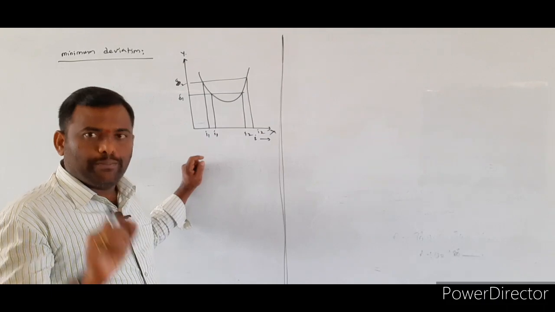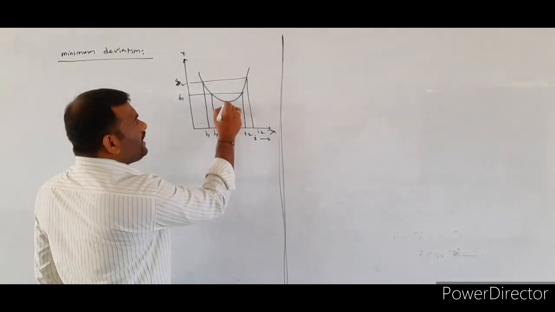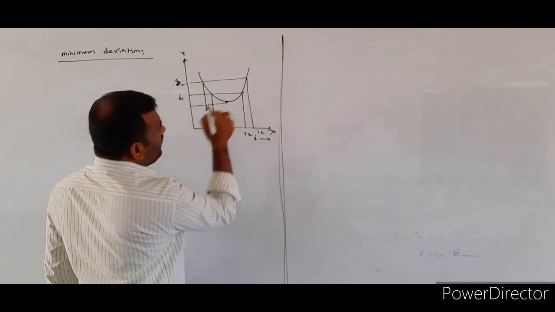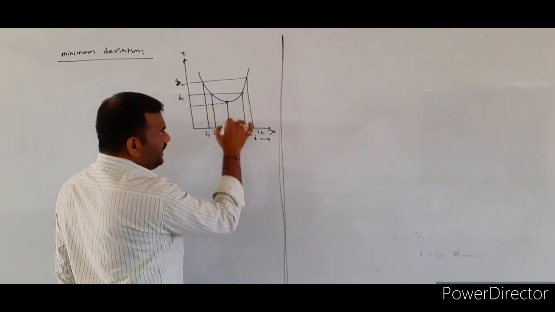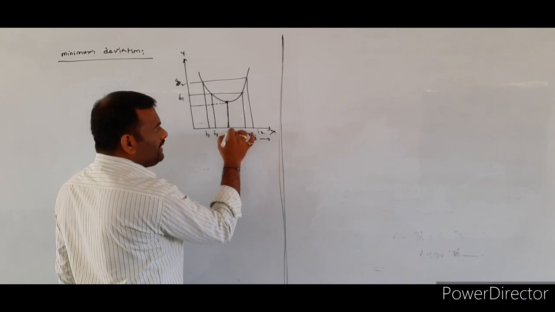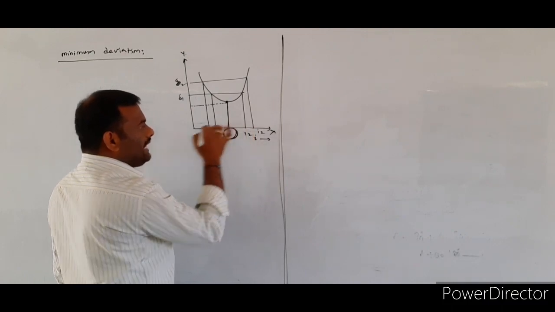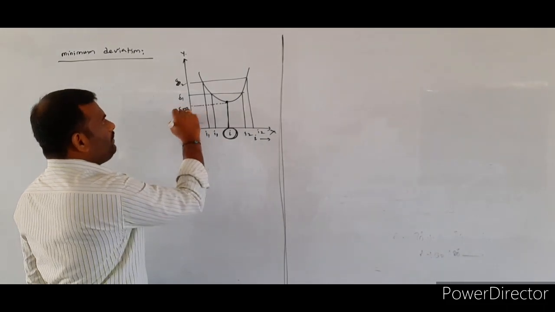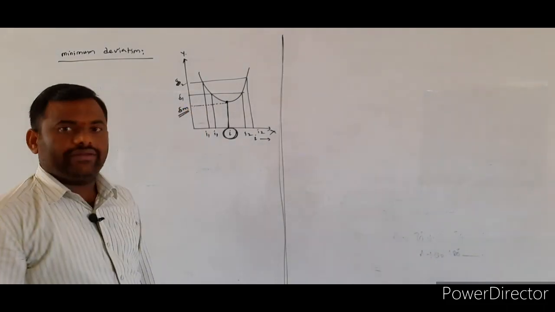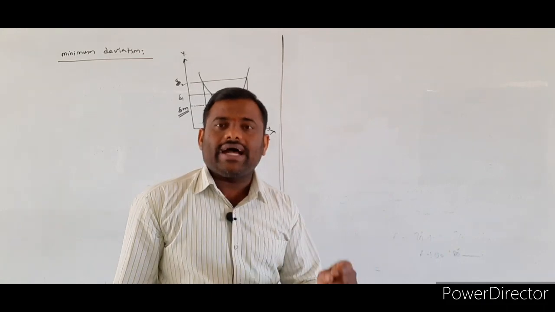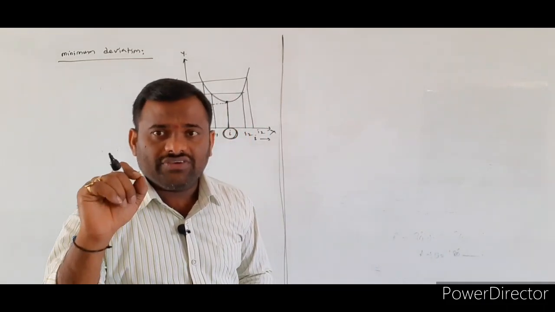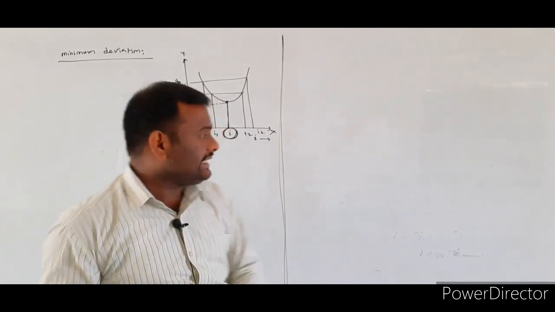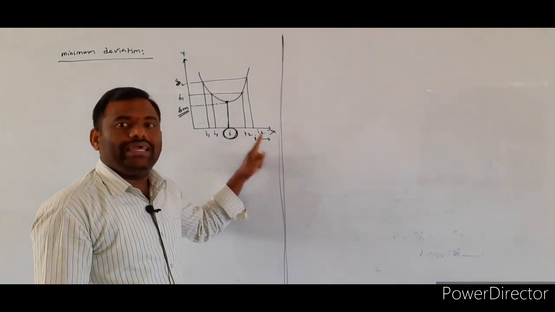But at a particular angle of deviation only, you get only one angle of incidence. That is the minimum angle of deviation, at which the angle of incidence is equal to the angle of emergence. At the minimum angle of deviation, the I1 and I2 values remain the same.